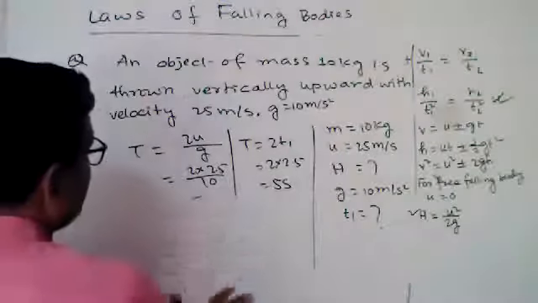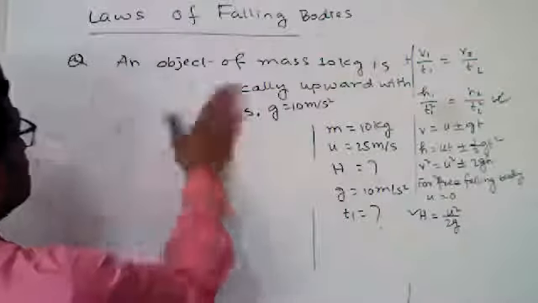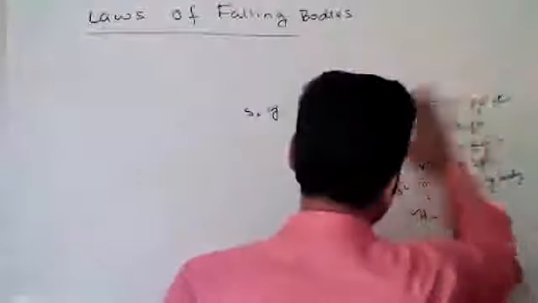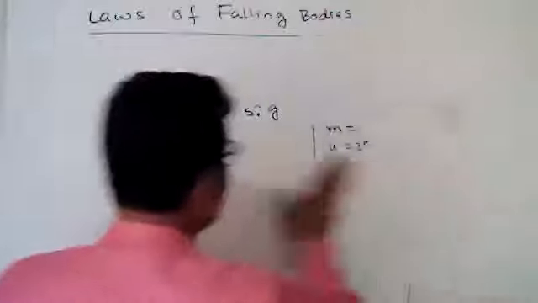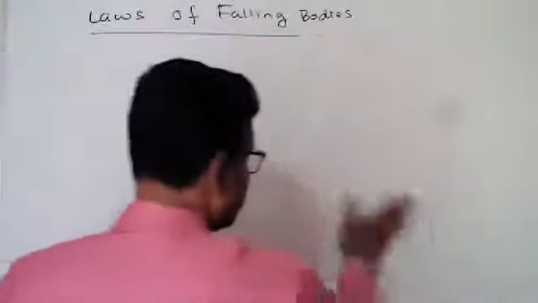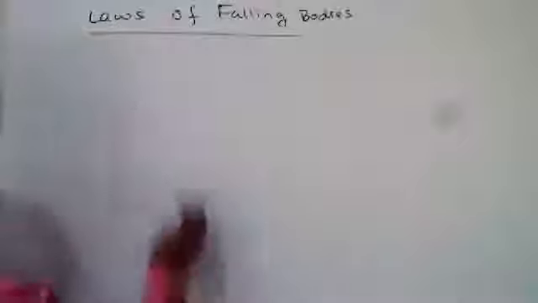And in the next class, we will discuss force, chapter number 3. Now, the last question for this chapter, on the laws of falling bodies and equations of falling bodies.